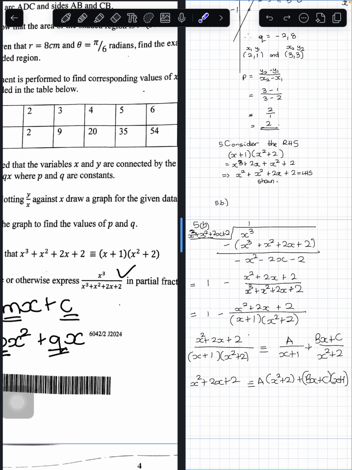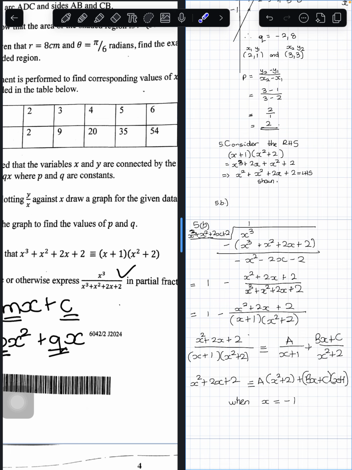So first thing first, when x is equal to minus 1, what is going to happen? When x is equal to minus 1, this whole thing will become 0, because 1 minus 1 is 0. So everything here will become 0. Right, what about the left hand side? Let's take our calculator.